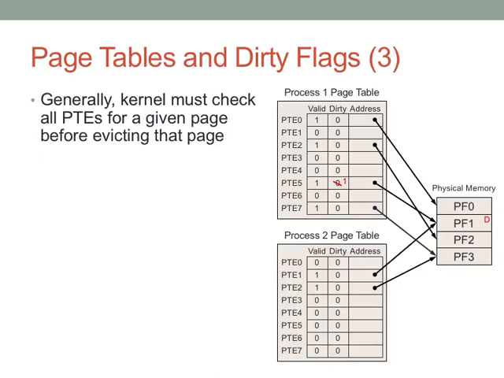Okay, so that's important. That may seem wasteful, but it actually turns out that you need to do this anyway. And this is one of the things that I think is kind of neat, because if you're going to implement a shared memory abstraction, well, if you have a frame that's in use by a bunch of processes, guess what? When you move that page out of the frame, you need to modify all the processes' page tables, because all the processes need to know that that page is no longer present.